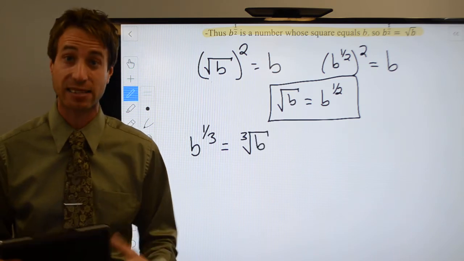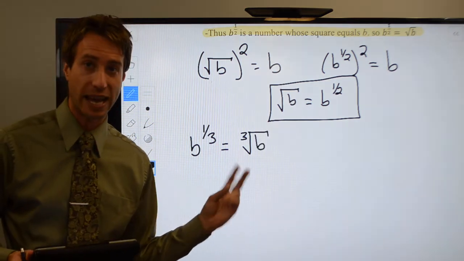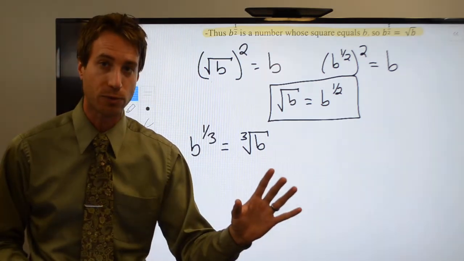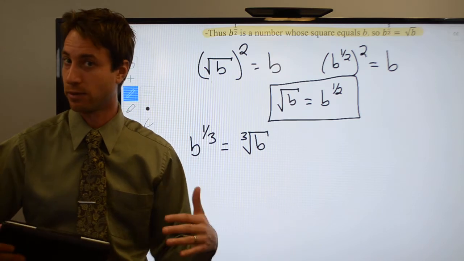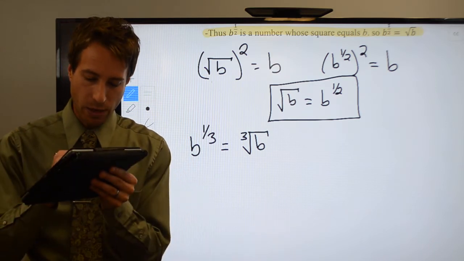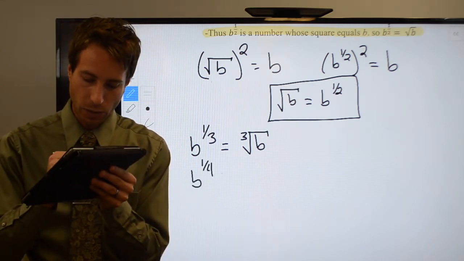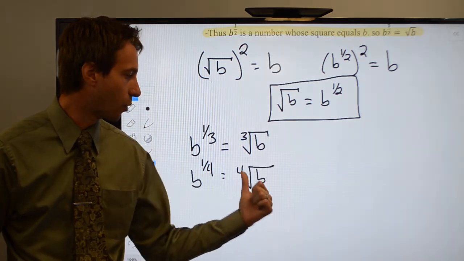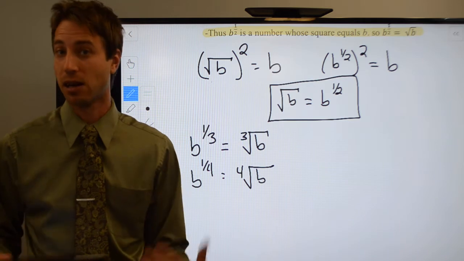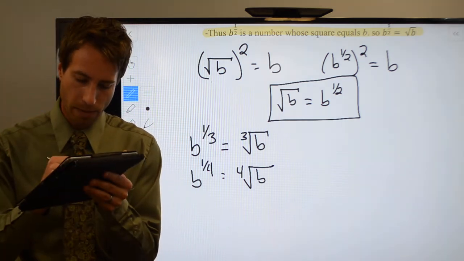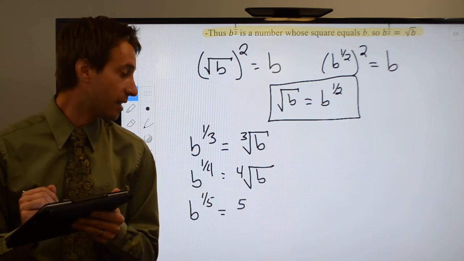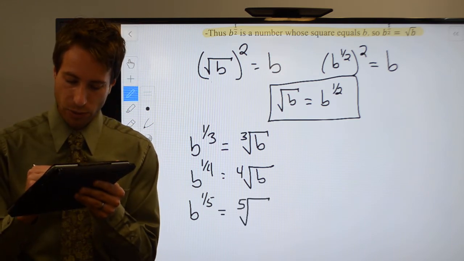Means the exact same thing, two different ways of writing the same thing. b to the 1/3 or cube root of b, same thing. b to the 1/4 would be the 4th root of b. Since the denominator is a 4, that becomes the index of my radical. One more, I know you guys get this, I don't mean to beat a dead horse, but b to the 1/5 would be a 5th root of b.